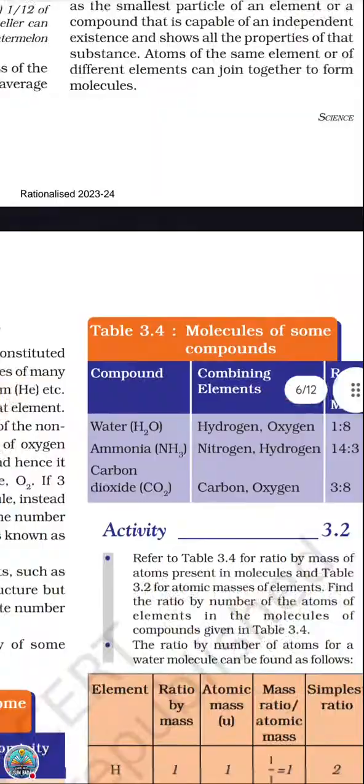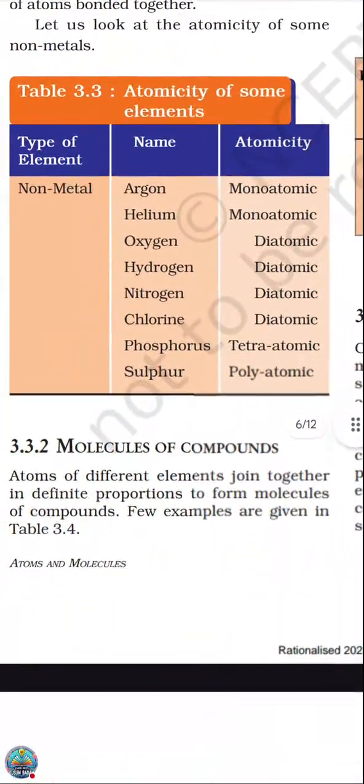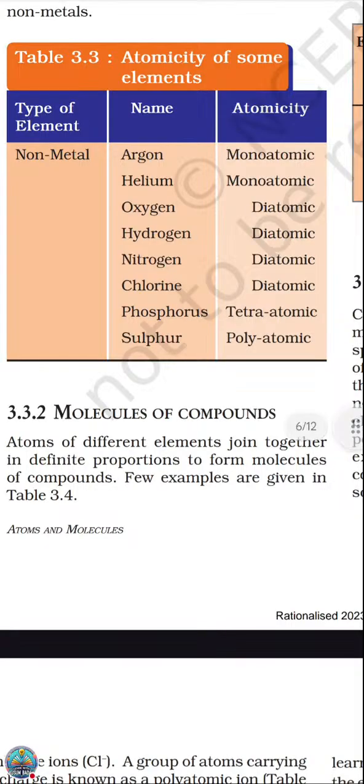See here. And even they can ask this one, atomicity of some elements. What is atomicity? Atomicity represents, he didn't cover atomic mass. Okay. So here atomicity, how many atoms are there? Argon, only a single atom will be there.